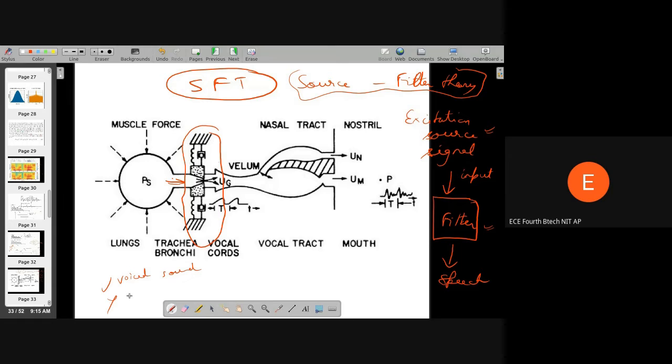Otherwise, it does not vibrate. It has no role; the air simply goes through.